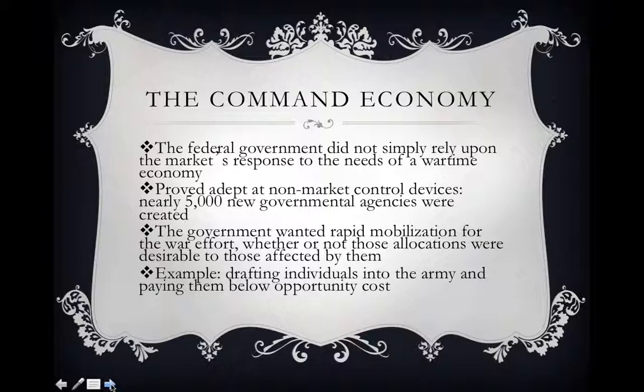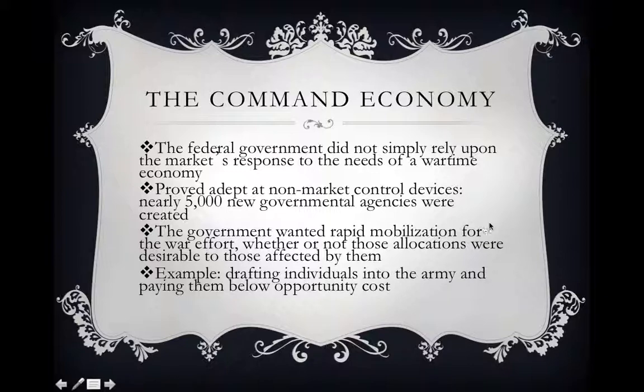During this time period, over 5,000 governmental agencies were created while we were executing World War One. While we were fighting World War One, there was a whole plethora of new governmental agencies that were put into place.